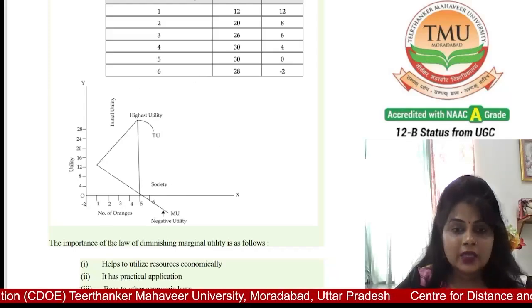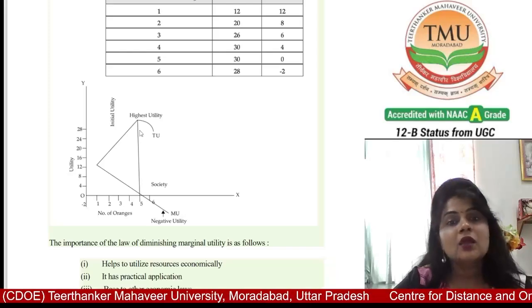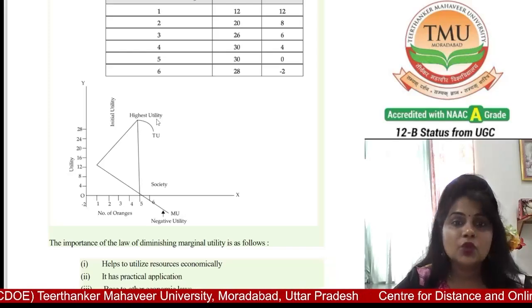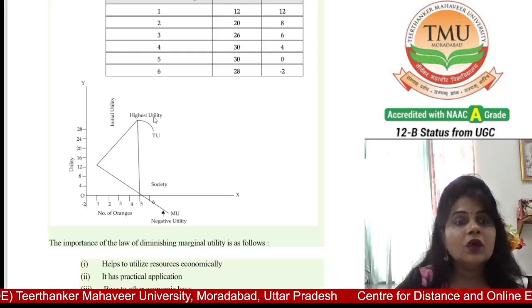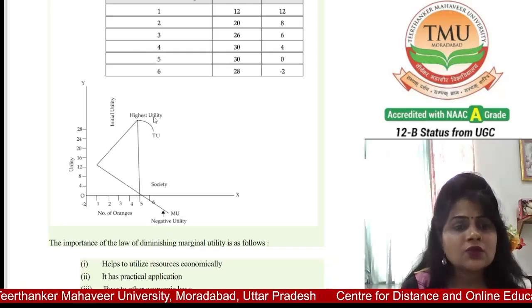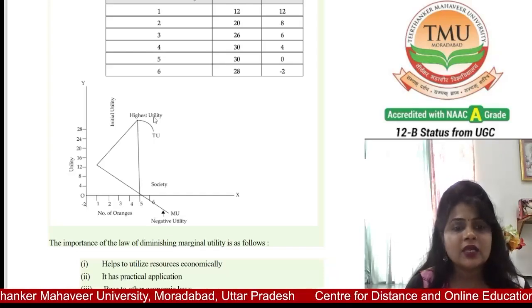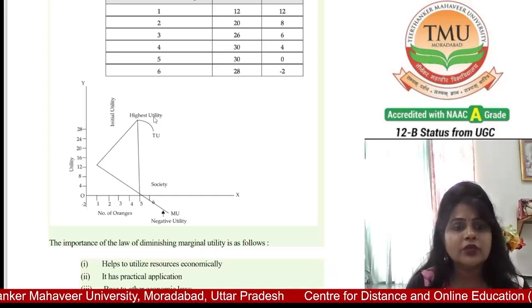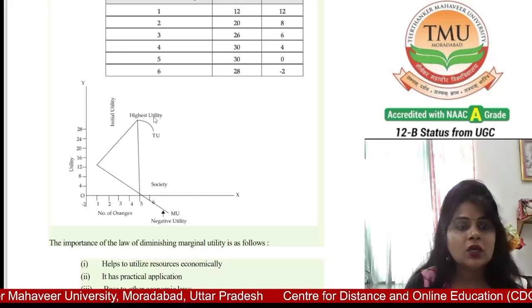At this point the total utility becomes maximum, the highest utility. This phenomenon occurs when the consumption of additional commodity units brings no extra satisfaction to the consumer.